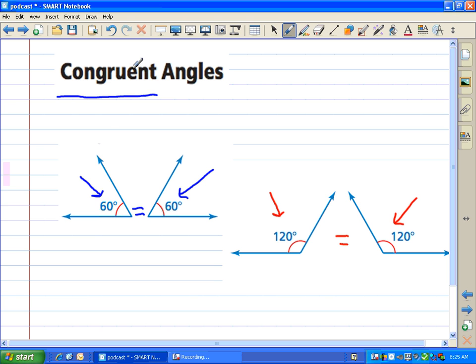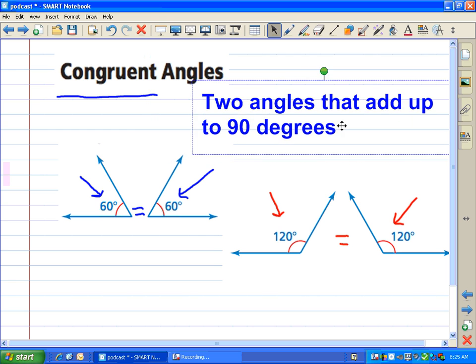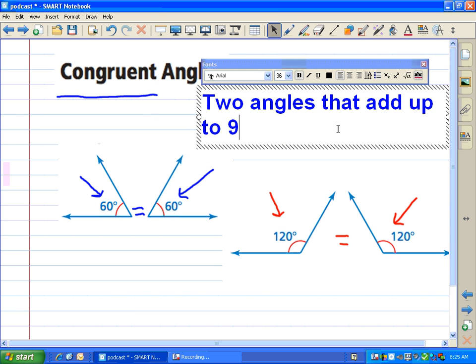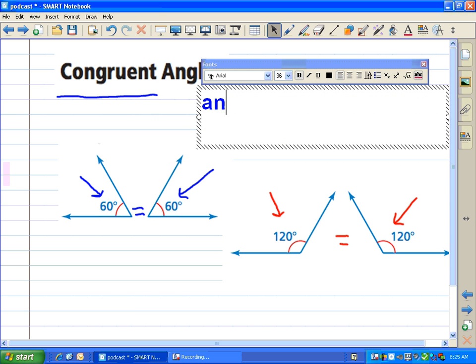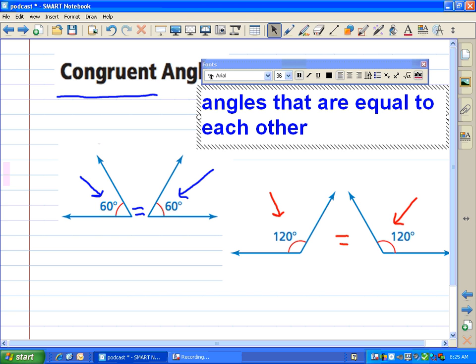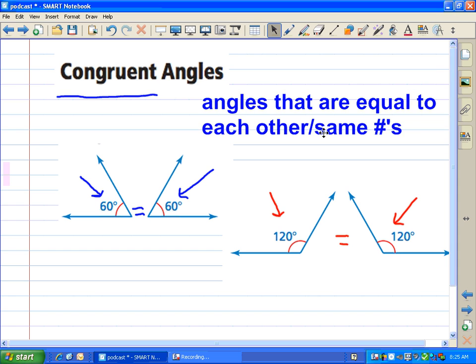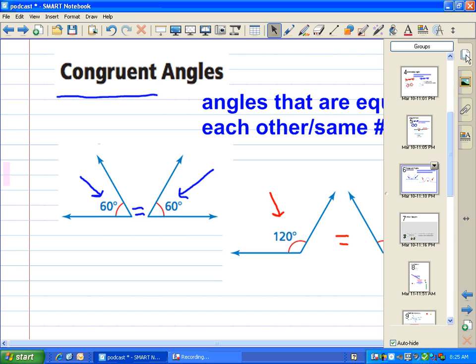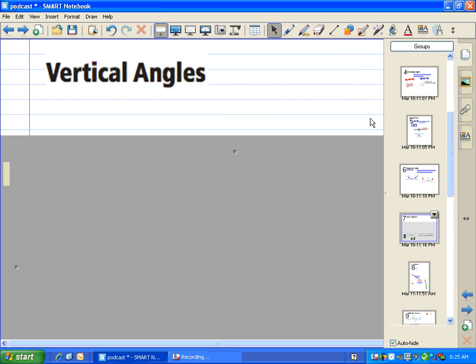They are congruent. So I'm going to throw this in here. Angles that are equal to each other. Or you can think of them as angles that are the same numbers. Congruent angles. They are equal to each other.